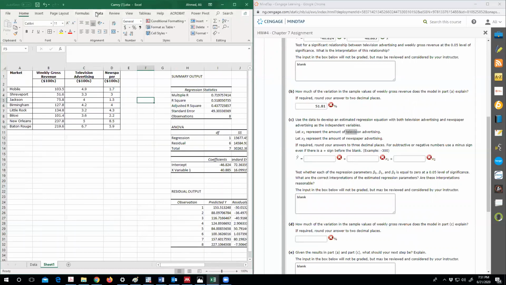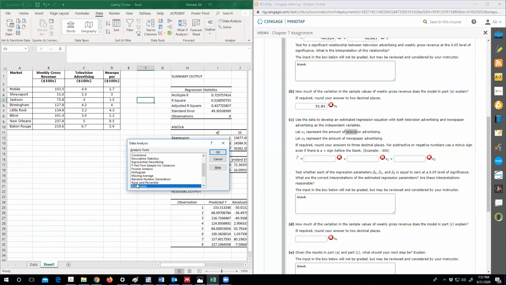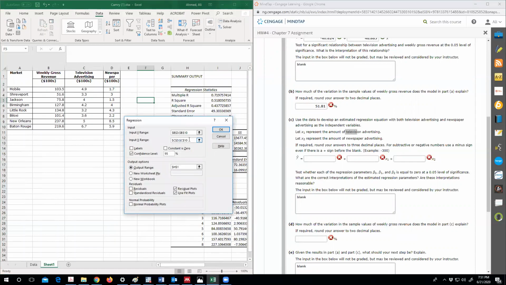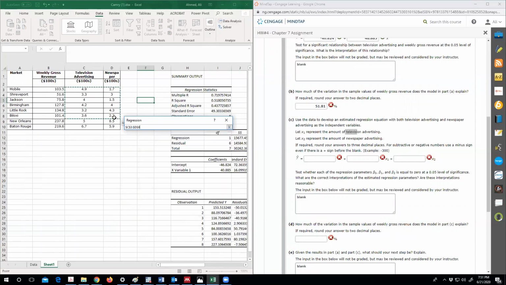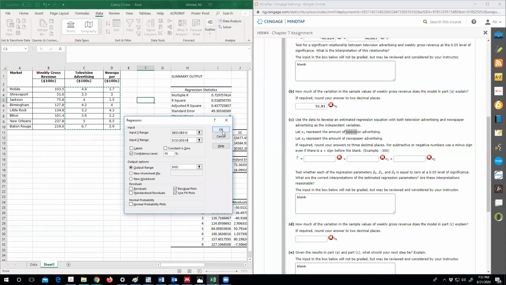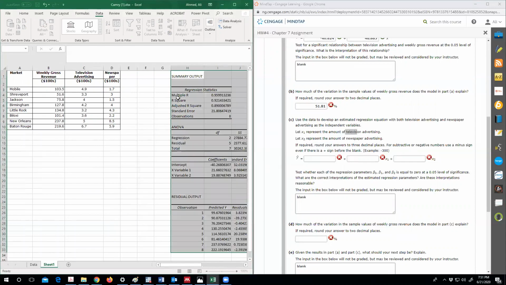We can easily use Excel, Data Analysis, Regression. Instead of selecting one variable, we can select both of them. That's simple. So now we have this, and we can enter all three things, and the answer would be correct.